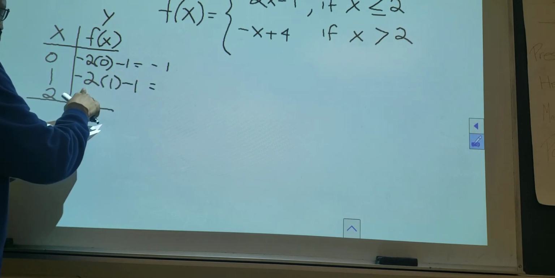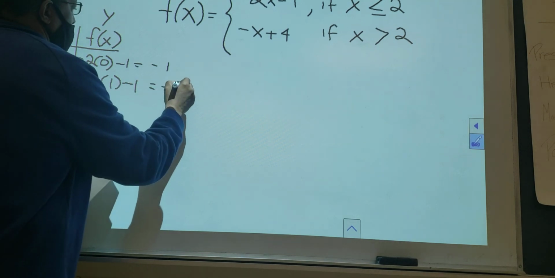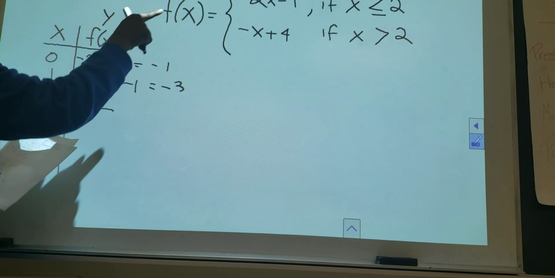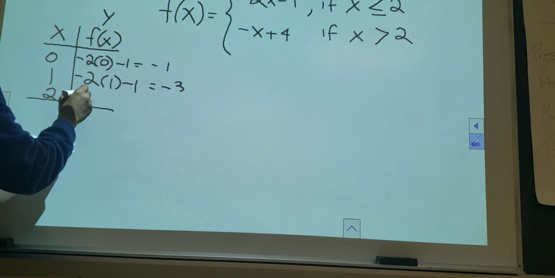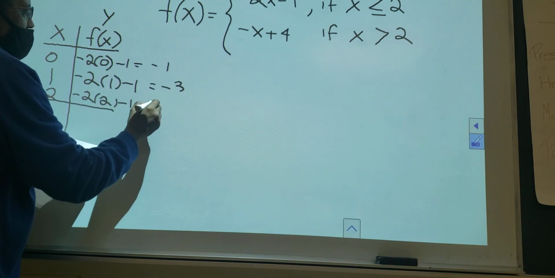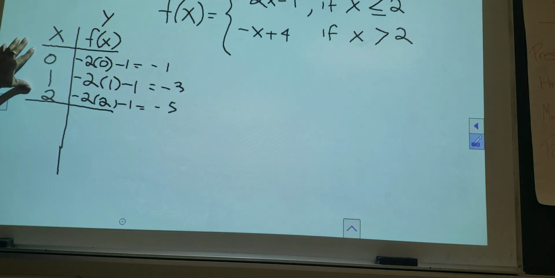That's minus 2, minus 1 is minus 3. And when I plug in 2 there, I'll get minus 2 times 2 minus 1, which is equal to minus 5. So these are my points that I can graph for this first function.